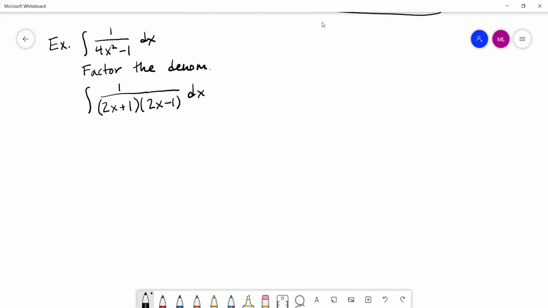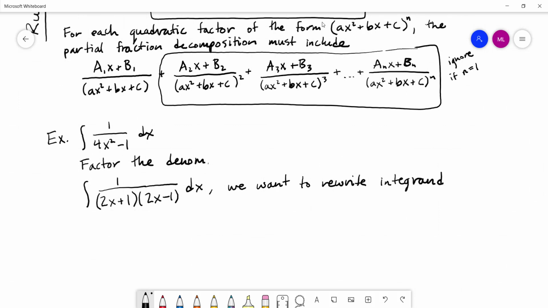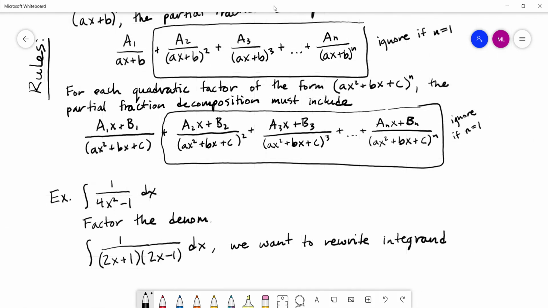So we want to rewrite the whole integrand, the whole piece that we're going to integrate. And the form that we're going to do it is, again, up here, we used A's with subscripts A1, A2, A3, and so on.